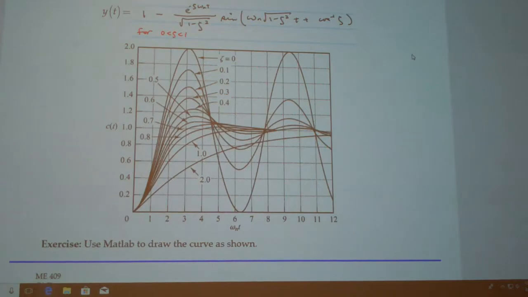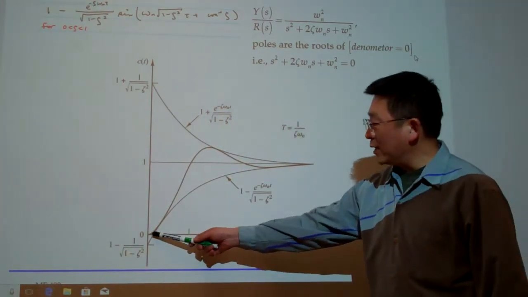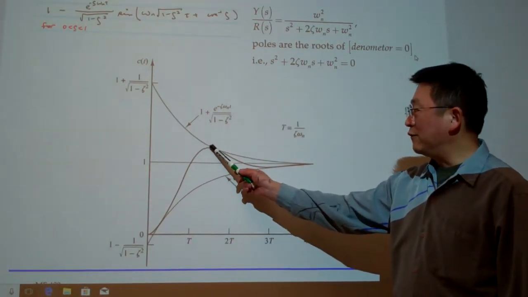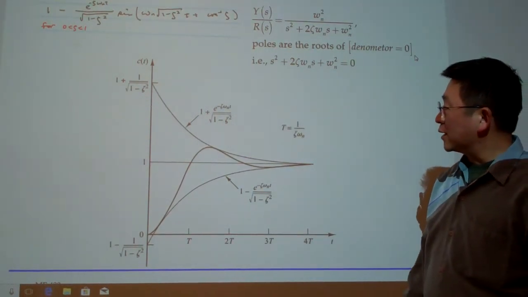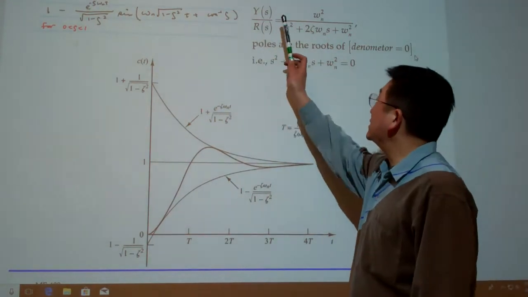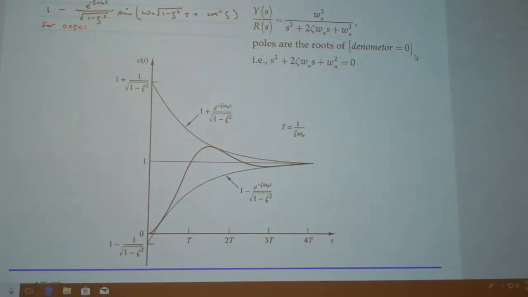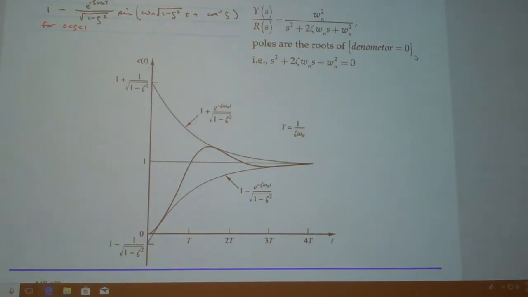With this in mind, I will begin to talk about how to characterize these systems. Here I simply pick one typical example, say the damping ratio is 0.3, or 0.4, 0.2, whatever. This is the solution, and this is the transfer function of the original closed loop system that we define here.